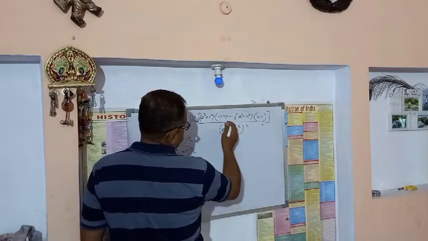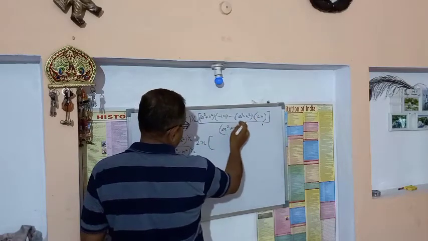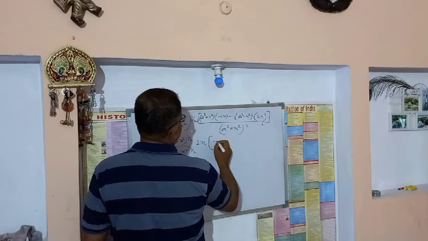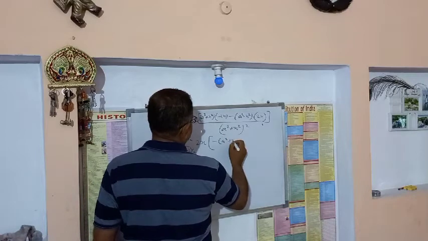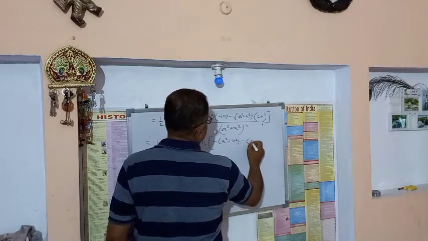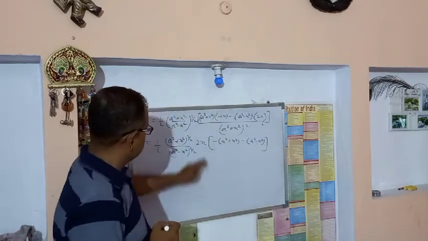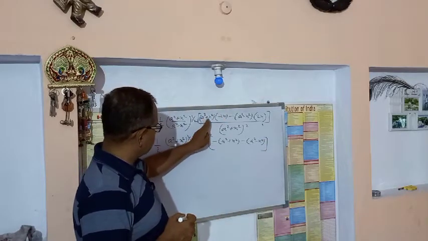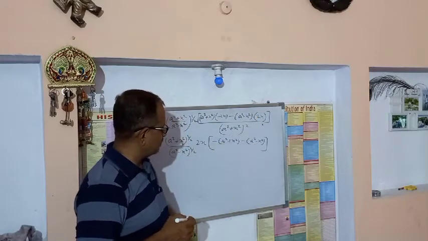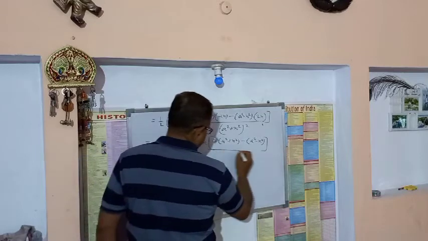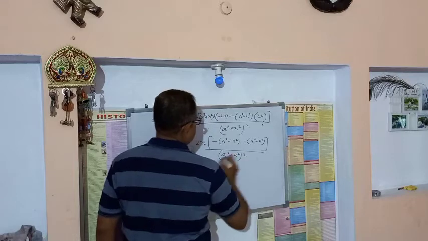Here we see that 2x is common in both. So take 2x common. What will we get? Minus sign is there. Minus a square plus x square minus a square minus x square, take 2x common, whole upon a square plus x square to the power.